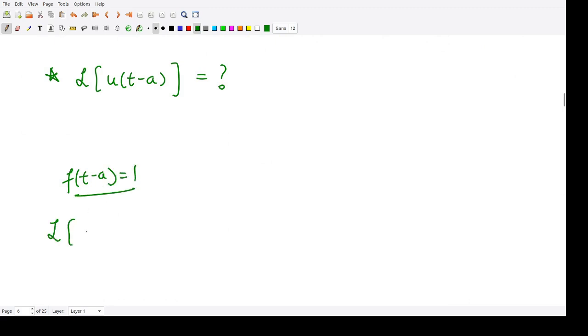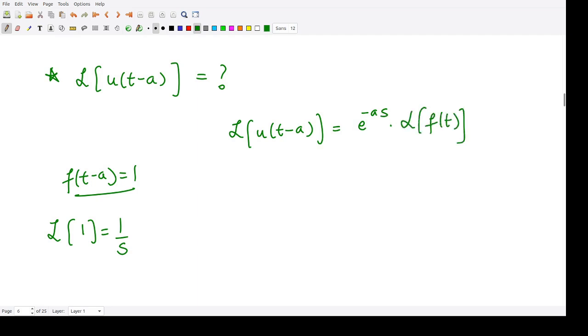And you know the Laplace transform of 1 is equal to 1 upon s. So according to this property, the Laplace transform of u(t minus a) would be equal to e to the power minus as multiplied by the Laplace transform of f(t), that is equal to 1 by s, because f is nothing but 1. Therefore, we have e to the power minus as divided by s.